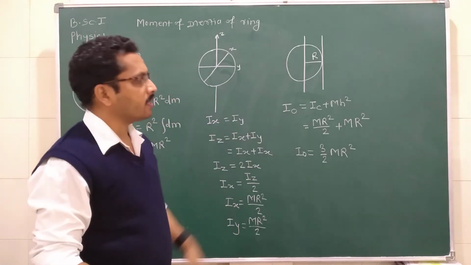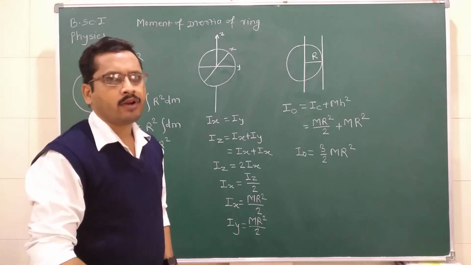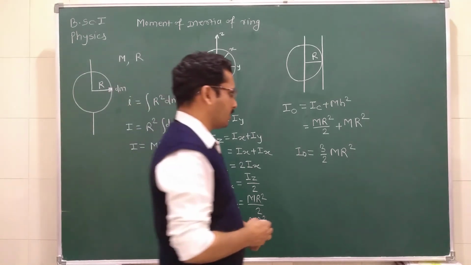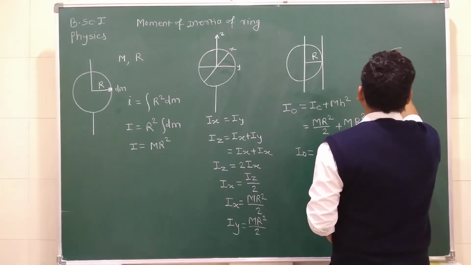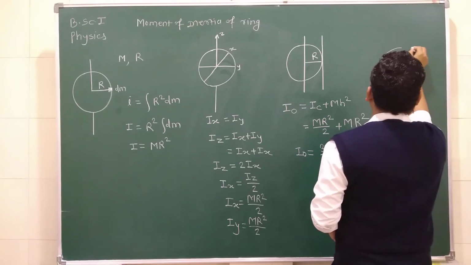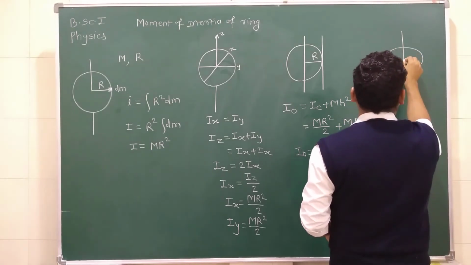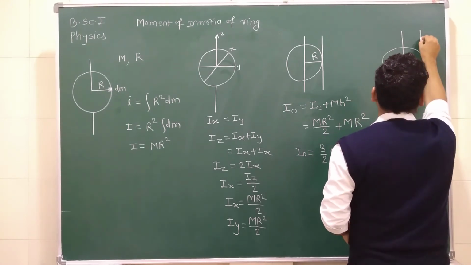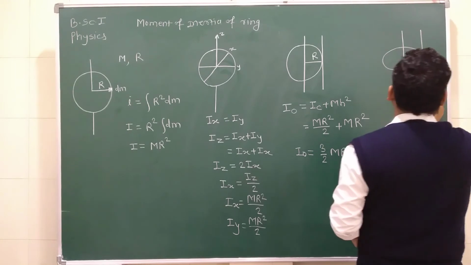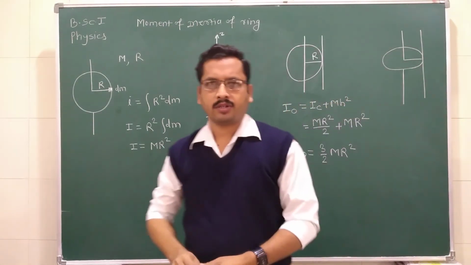There is another case in which the tangent is perpendicular to the plane of the ring. In this case, consider the same ring. This is the axis through the center perpendicular to the plane, and this is the tangent, which is also perpendicular to the plane of the ring.